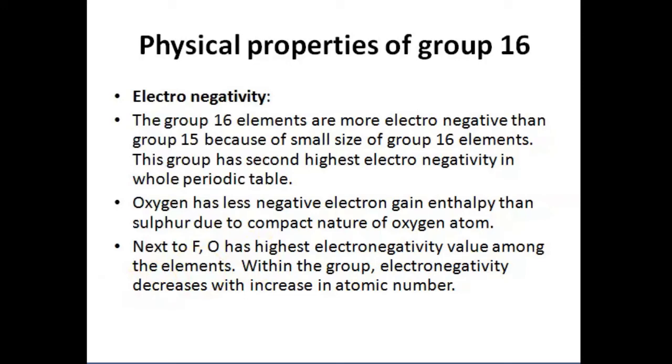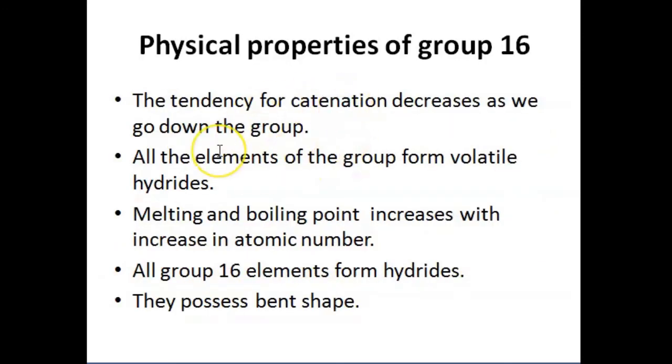The next properties are certain general physical properties of the group 16 elements. The tendency for catenation decreases as we go down the group. All the elements of this group form volatile hydrides.